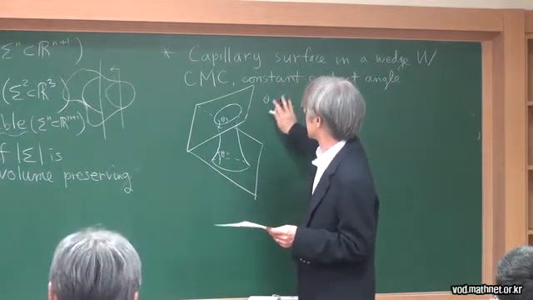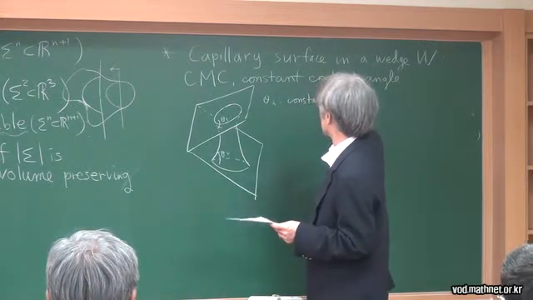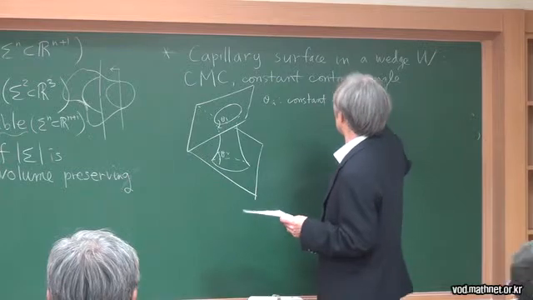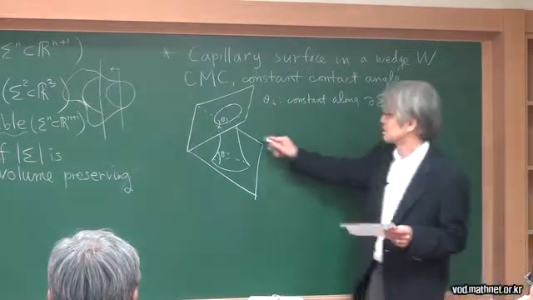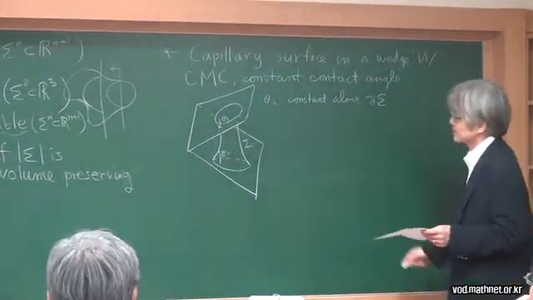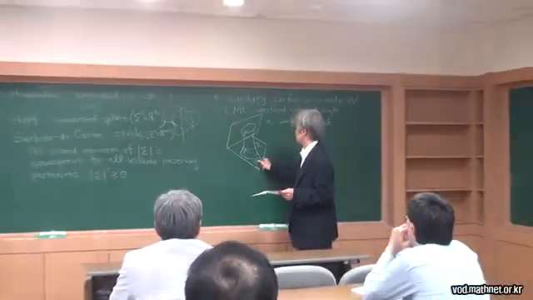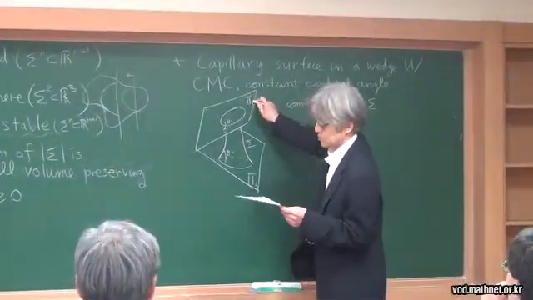Theta 1, theta 2 are constant along this boundary and along this boundary. Okay. So this is the half planes pi 1 and pi 2.